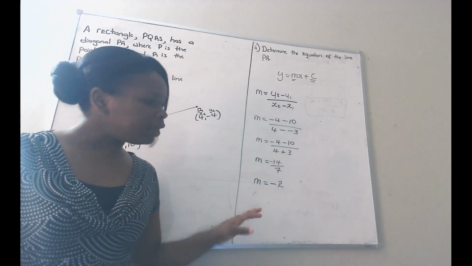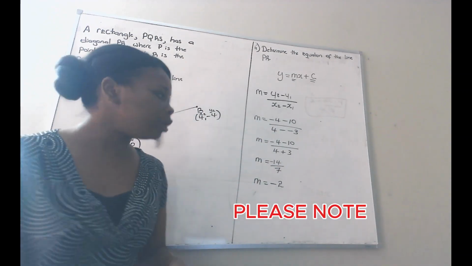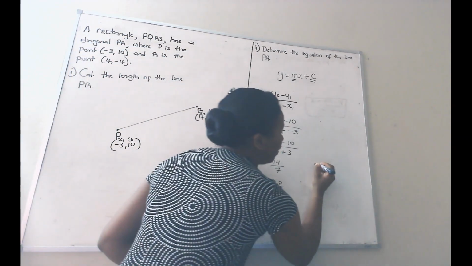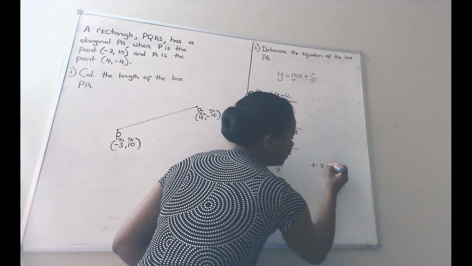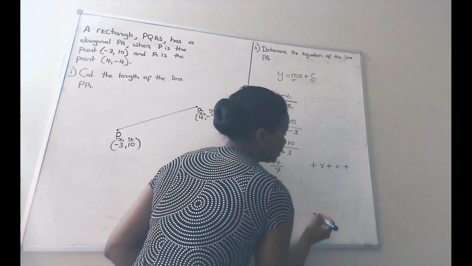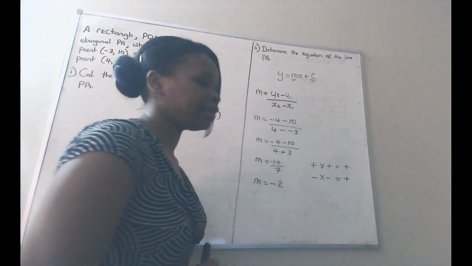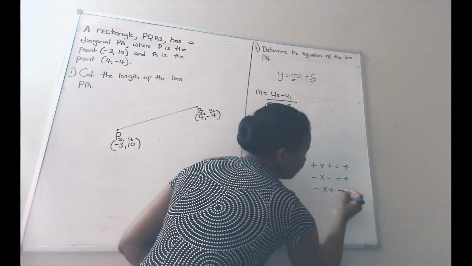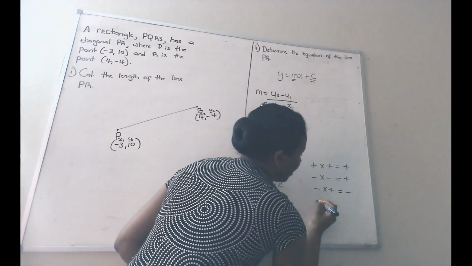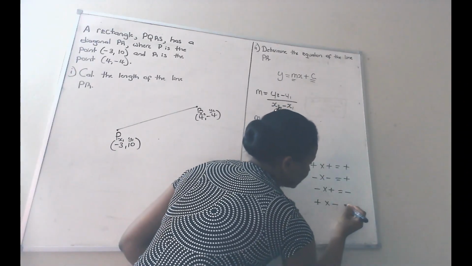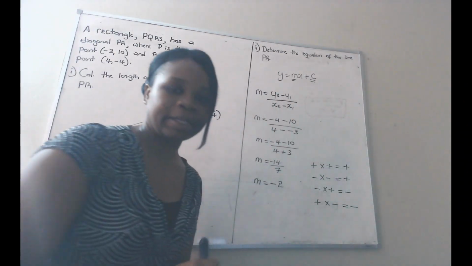So if you want more information on what I've just done, always remember this. Positive times positive is equal to positive. Negative times negative is equal to positive. Negative times positive is equal to negative. And positive times negative is equal to negative.